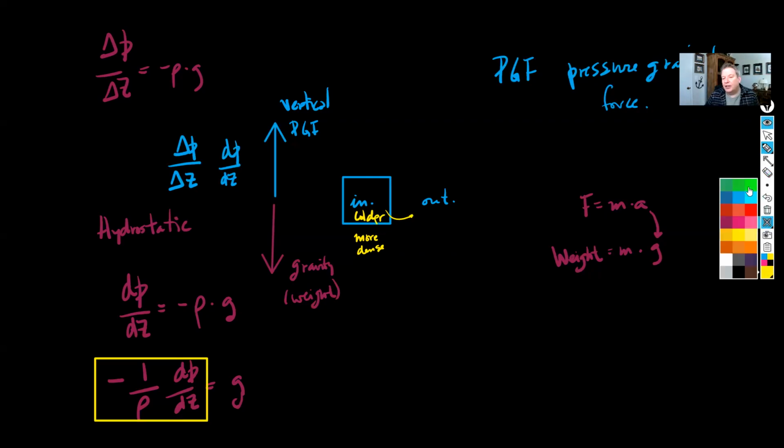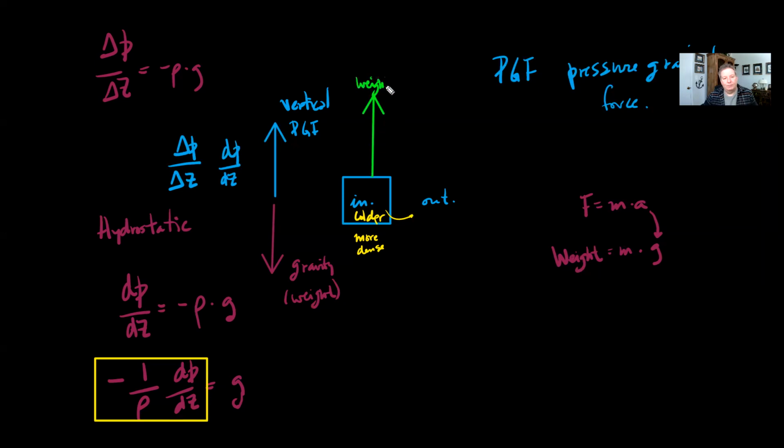First of all, the thing that we want to make sure you understand is that above this parcel, there's weight. And above the air outside in the darker green, let's get an arrow, there is also weight of the air.